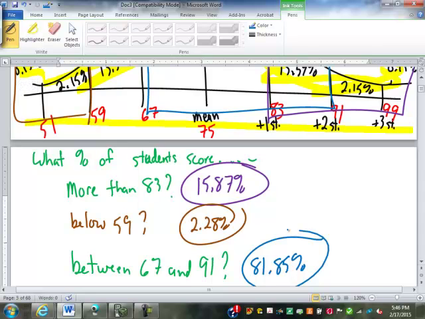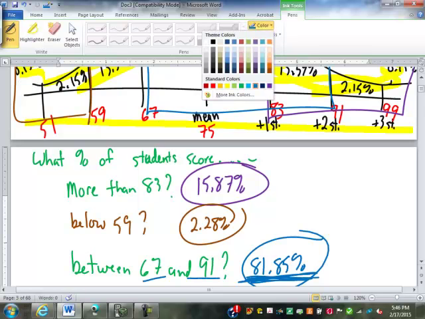So we expect almost 82% of the students to score between 67 and 91. It's a way of predicting before things happen. If we have 20 students taking the test, well, 82%, that's 16 or 17 students. We expect 16 or 17 out of those 20 students to score between 67 and 91 on that test.